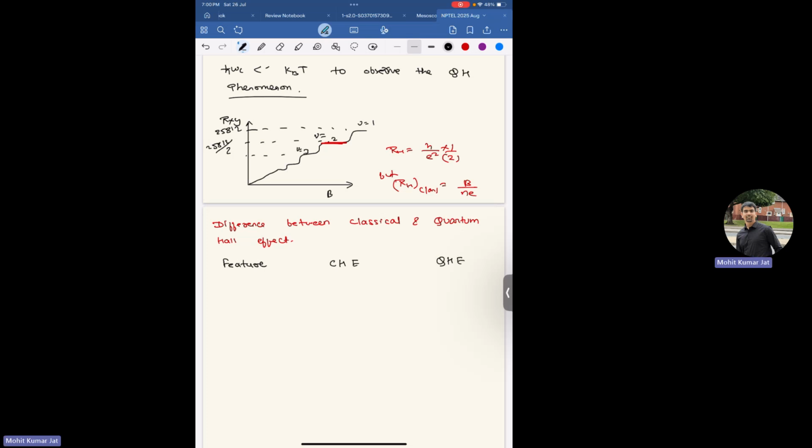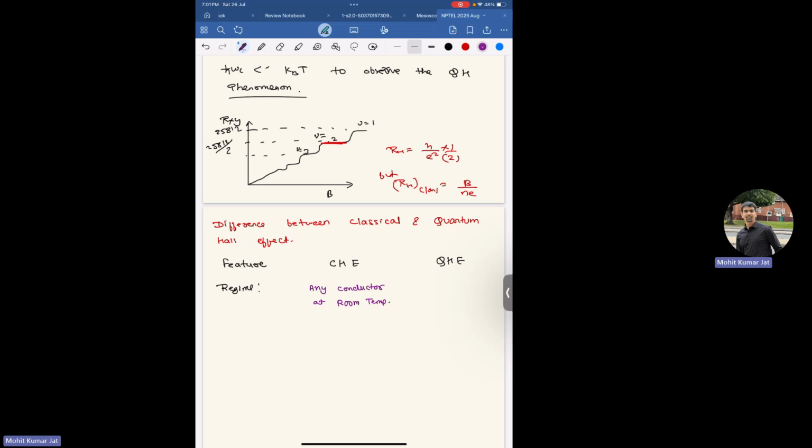So first, the regime, in which kind of material it is observed. Any conductor at room temperature, it can be observed.